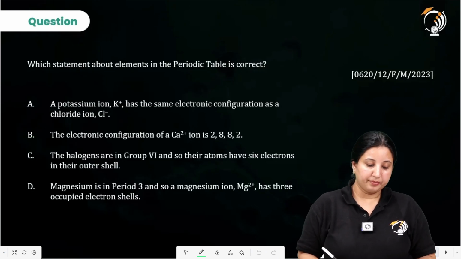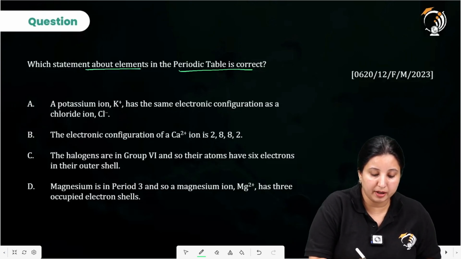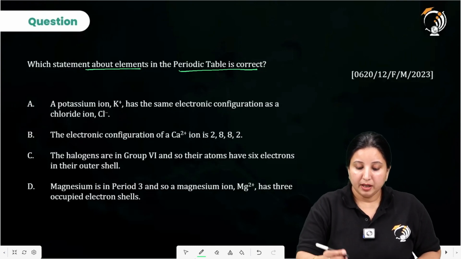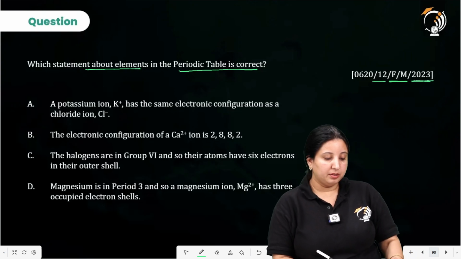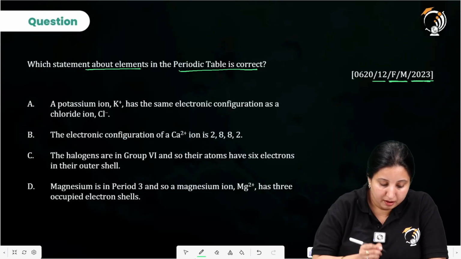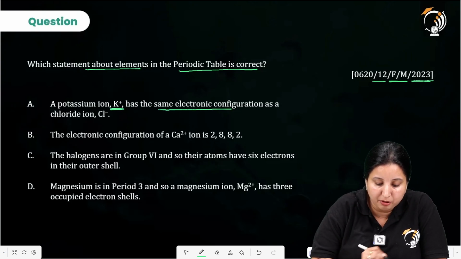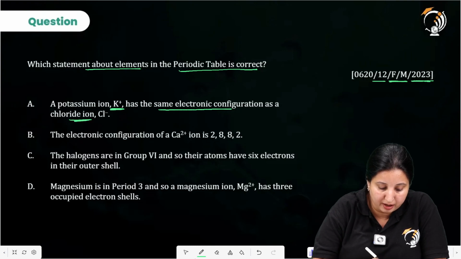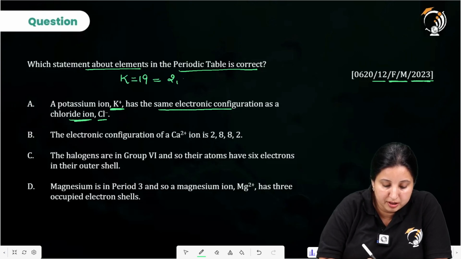Next question says, which statement about elements in the periodic table is correct? It is from the variant 12, February-March, year 2023. Now look, a potassium ion K+ has the same electronic configuration as the chloride ion. If I talk about the potassium, its atomic number is 19 and its configuration is 2, 8, 8, 1.